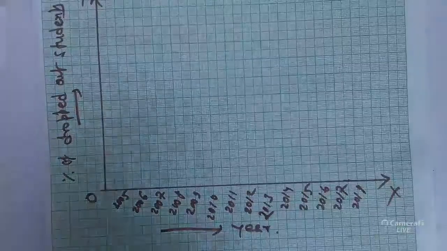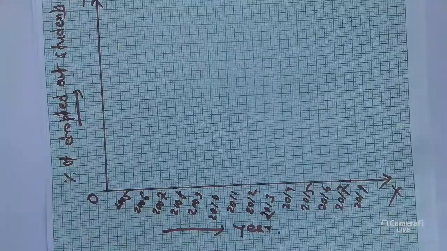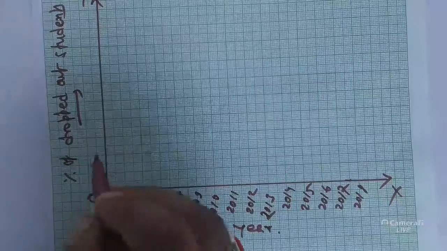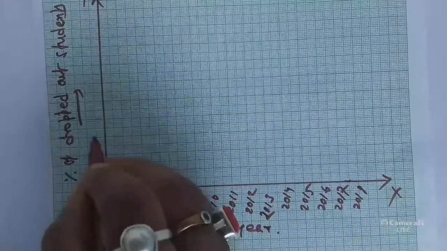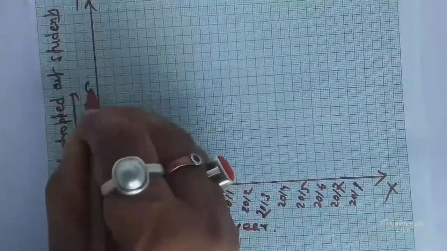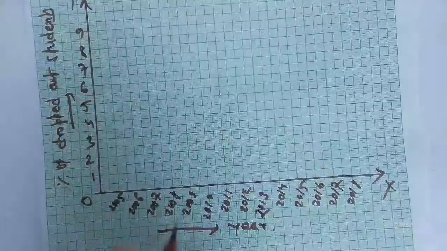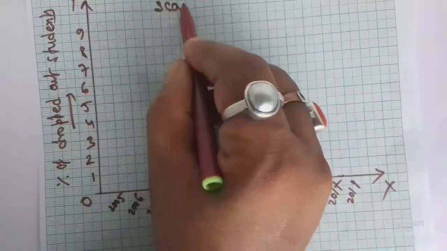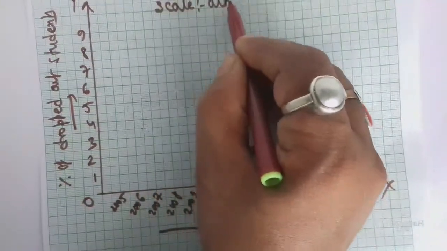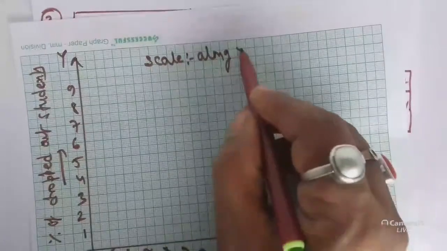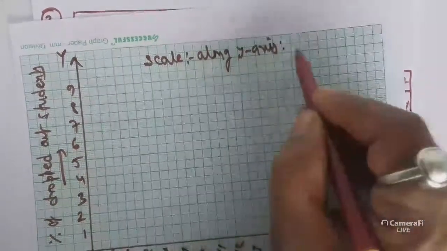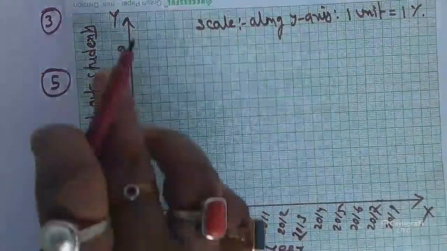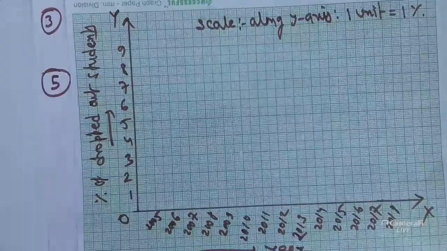Now scale, we have to choose a suitable scale for this. So if we choose 1 unit for 1%, we can choose 1 unit is equals to 1%. So scale along y axis, 1 unit is equals to 1%, because these are the percentage of students dropped out.